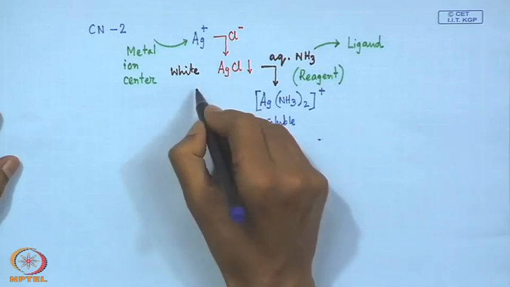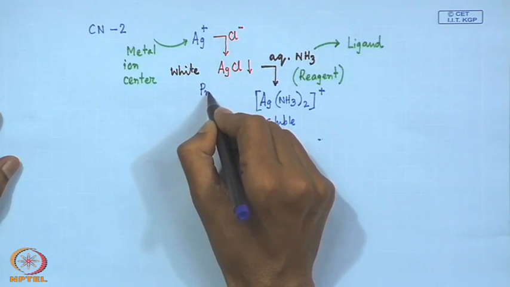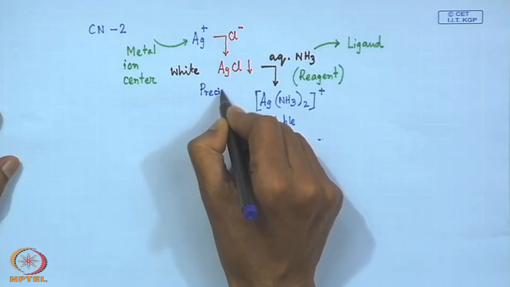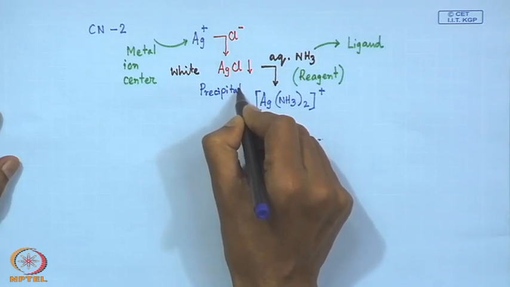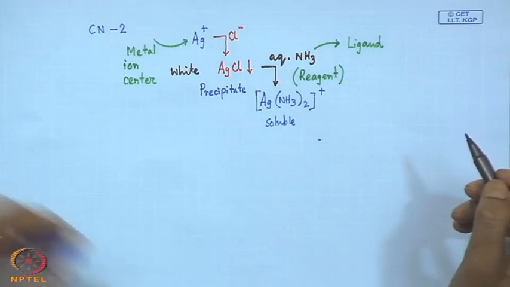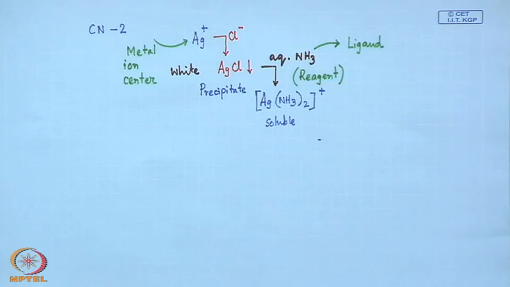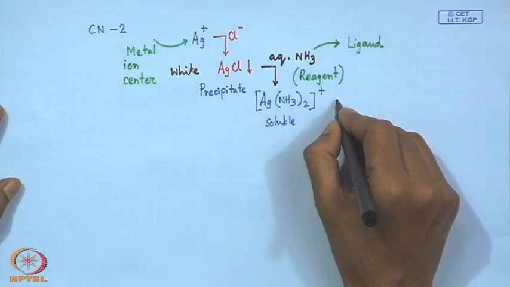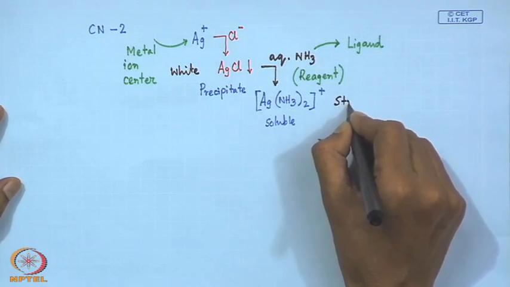So, we have the precipitate which is solubilizing due to the addition of the ligand ammonia. So, what will be the structure?